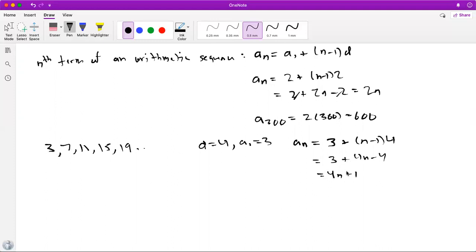And then I just adjust that so that it matches the first term. And now I have this formula, so I don't have to worry about guessing and checking. So now I can say A192 is 4 times 192 minus 1. And 4 times 192 is 768.